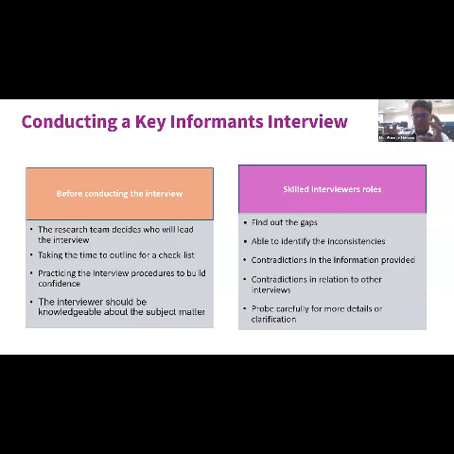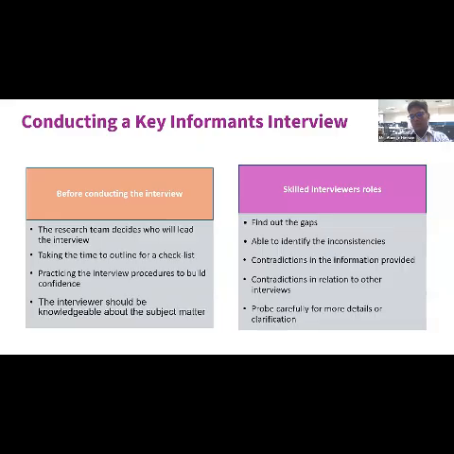This can also help to fill the gaps in the findings and probe carefully for more details and clarification if needed.